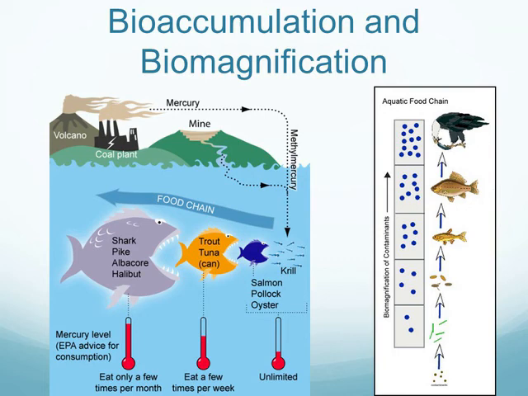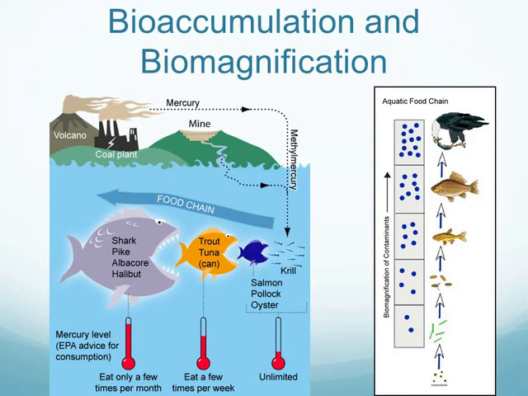In the image on the right, you can see that as the krill is eaten by the salmon, that salmon is accumulating mercury, but not enough to be harmful to humans if they were to eat the salmon. And then you see the tuna, which is then eating the salmon, and it's getting a little bit more mercury, as indicated by the thermometer at the bottom.